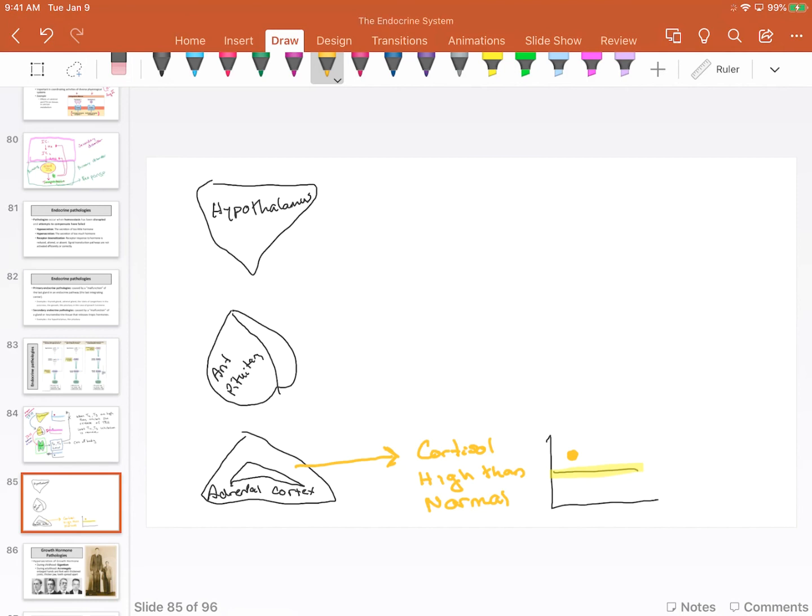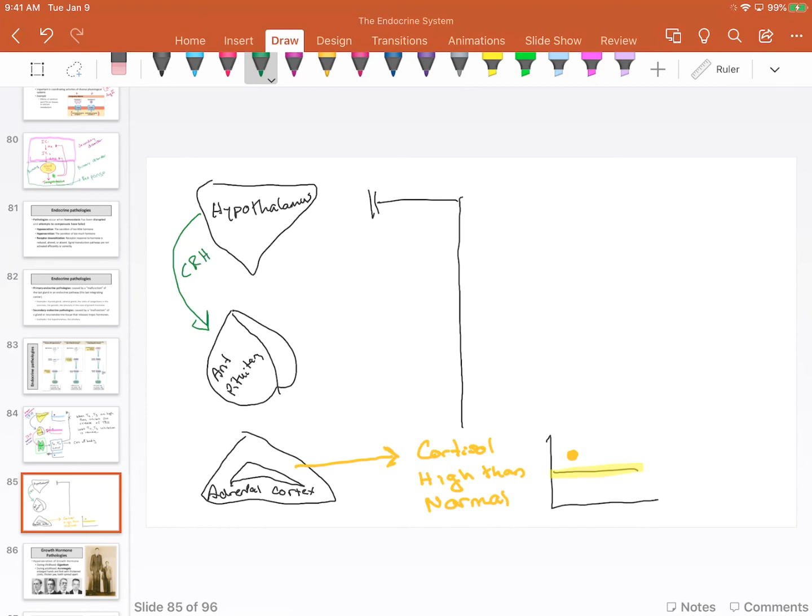And so we look at this, and let's put my feedback pathway in. So we're going to assume that cortisol is going to suppress the release of CRH from the hypothalamus.